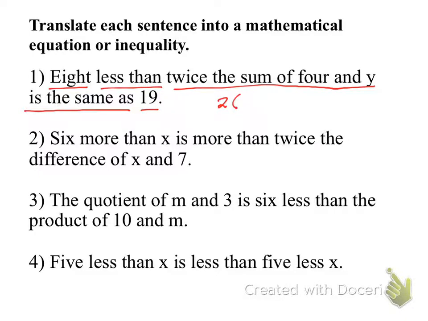So we're starting with twice the sum of what? 4 plus y. And then I'm going to my 8 over here and that minus sign. Minus 8. Keep going. Equals 19. Okay, you want to try the next 3?